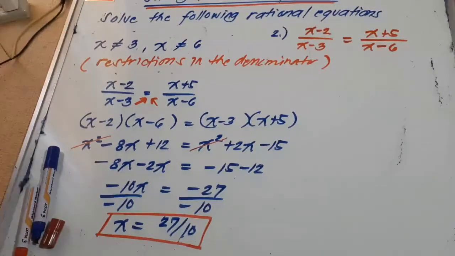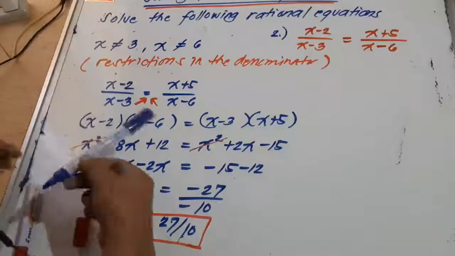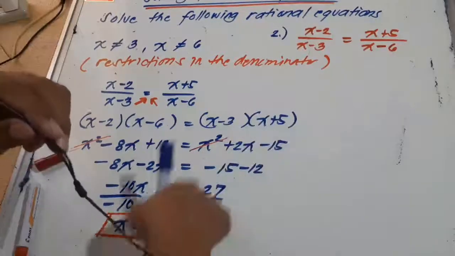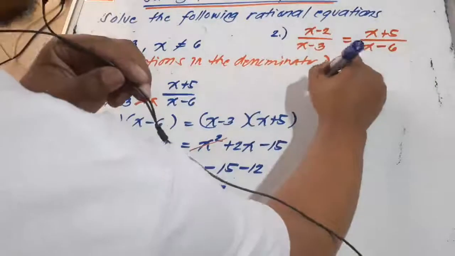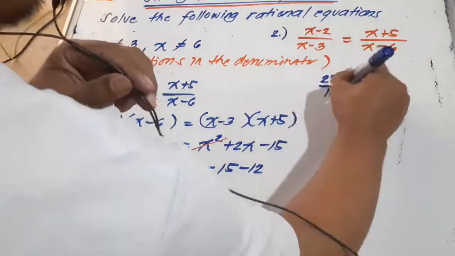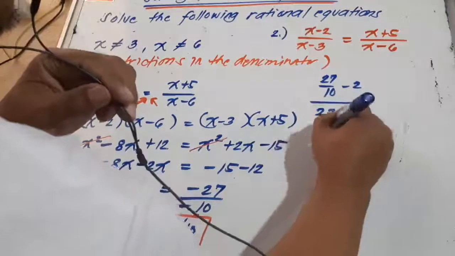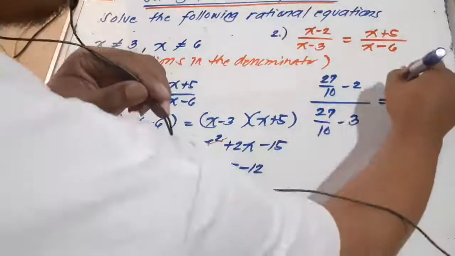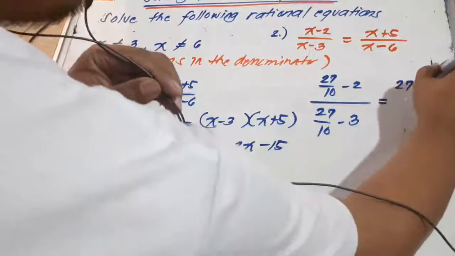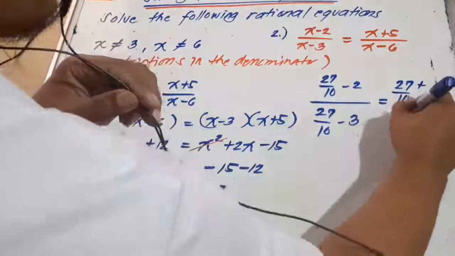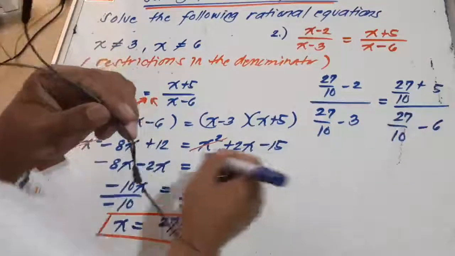Now, let us check if our answer is correct. Okay? Substitute natin dun sa original equation. Diretso ko na 27 over 10 sa x. So, that will be 27 over 10 minus 2 all over 27 over 10 minus 3. So, right side, we have 27 over 10 plus 5 all over 27 over 10 minus 6. Okay?